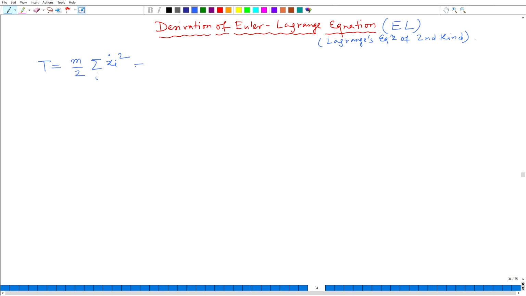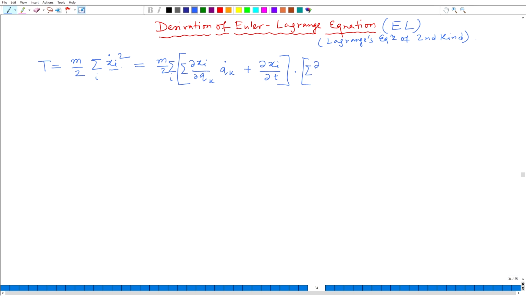We know that for every x_i we will have an expression in terms of the generalized coordinates and generalized velocities, and that is why we can now write x_i dot as summation over k of del x_i by del q_k times q_k dot, plus del x_i by del t.